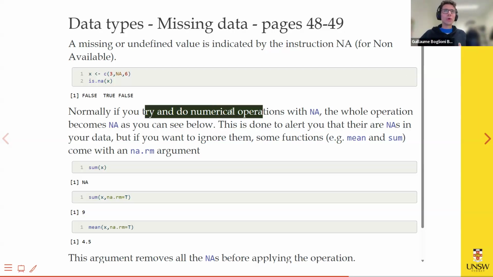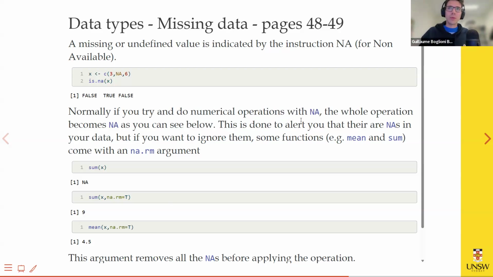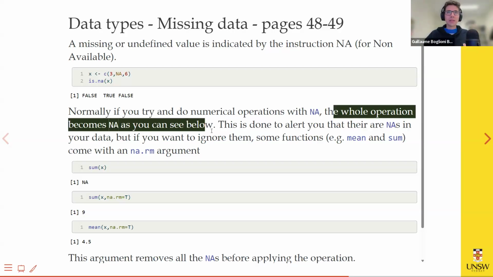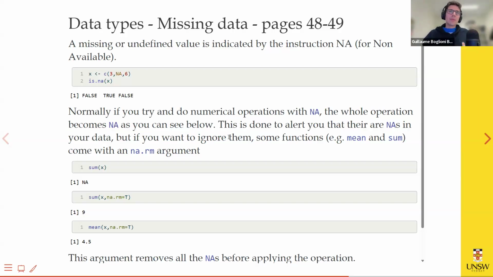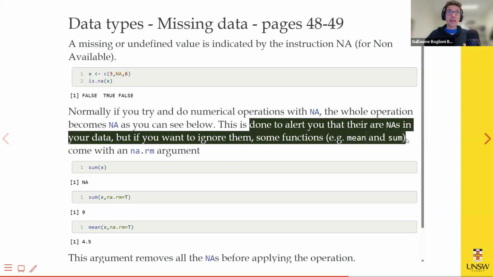Normally, if you try to do some mathematical or numerical operations with some NAs, the whole result will be NA, and that's not very useful. Now, there's a reason for that. Of course, you should be alert to the fact that you have NAs in your data sets, and that's why by default you get NAs when you try mathematical operations on NA values.